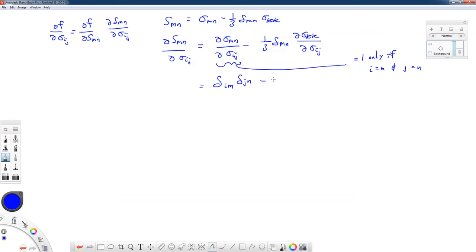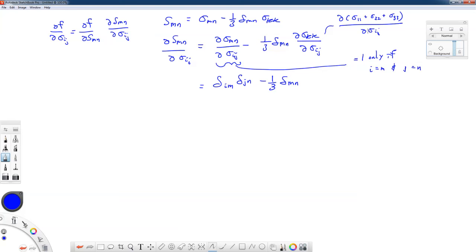Then we have that next term, minus 1/3 Kronecker delta Mn. And this next term right here is the partial derivative of sigma 1,1 plus sigma 2,2 plus sigma 3,3 with respect to sigma ij.